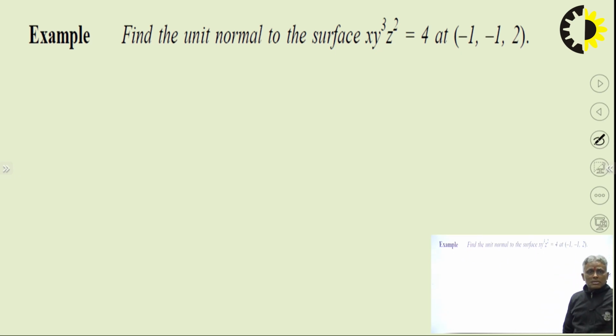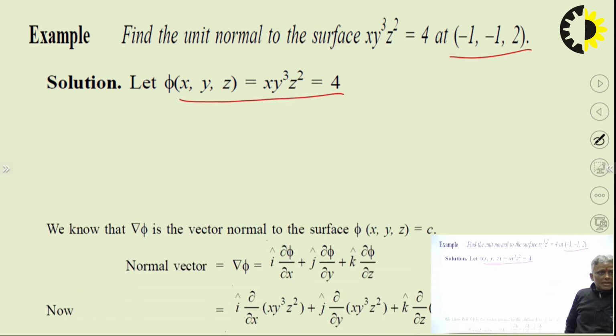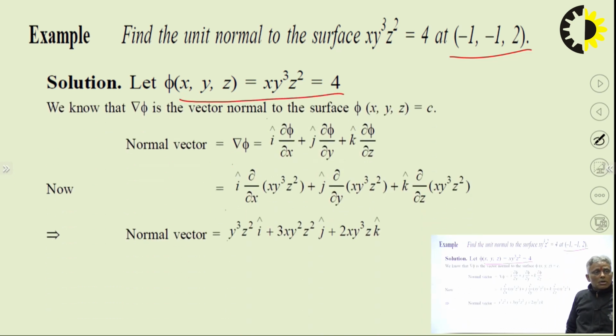Find the unit normal to the surface xy³z² = 4 at the point (-1, -1, 2). So what is the role of the normal to the surface here? First of all, we calculate phi equal to this function. Now calculate del phi.